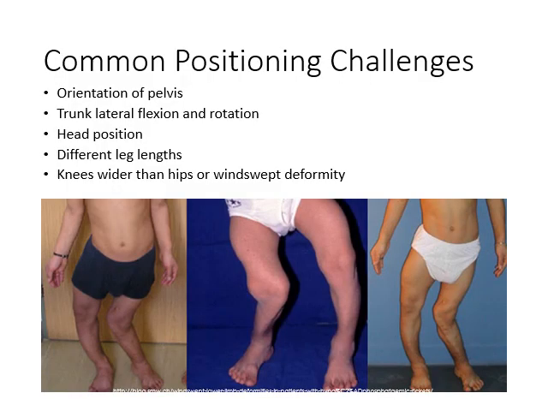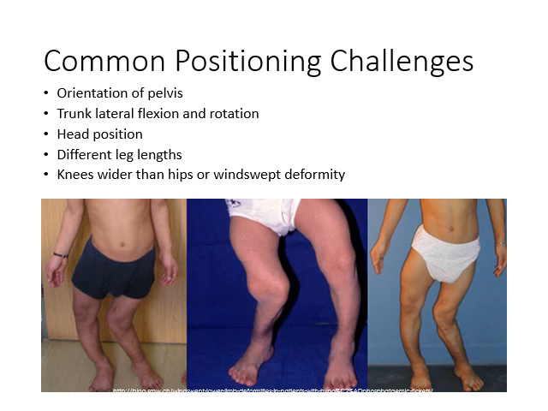Common positioning challenges relate primarily to the pelvis, to the orientation of the pelvis. Is it tilted, rotated, or does it have an obliquity? Another common challenge relates to the position of the head and how much head control the person has, if they lack head control or if they have lateral cervical flexion or rotation of the head.